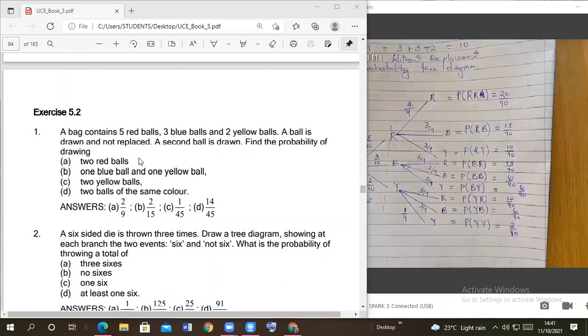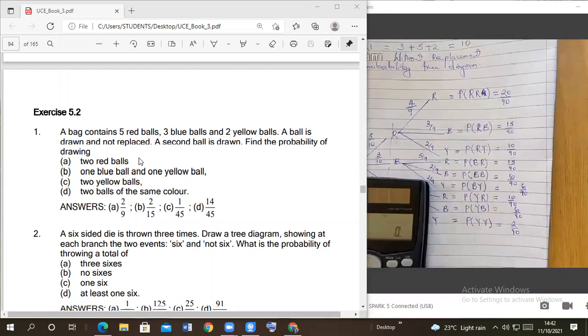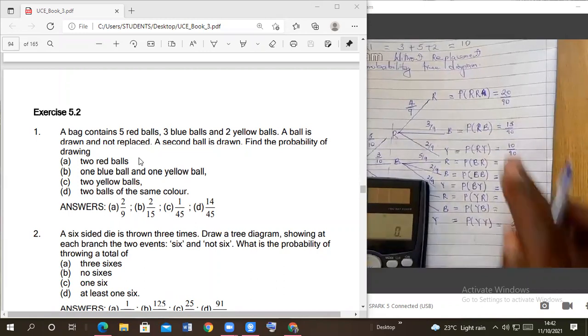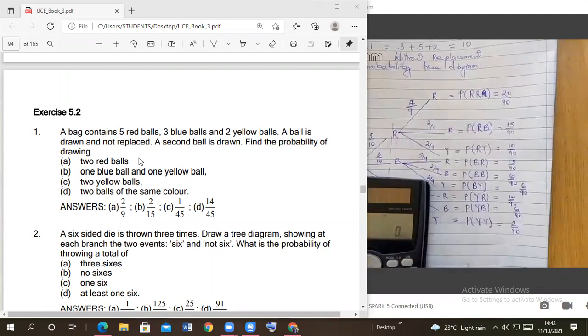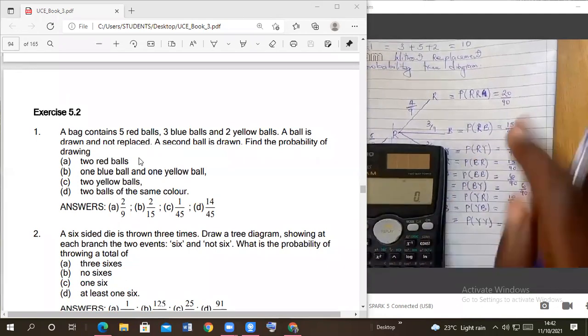Members, have you seen that? Yes. So can we add all of them? We said before you go to answer any question, first look at whether this probability, if you add it, must give you 1. So they have the same denominator. Let's add the numerators only.